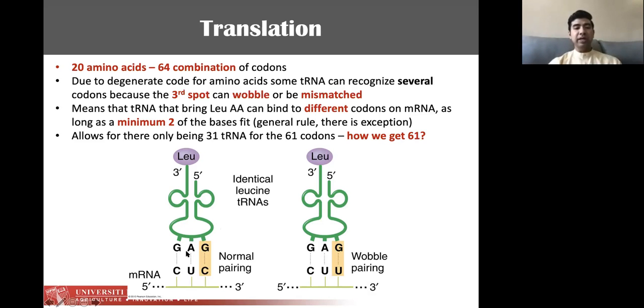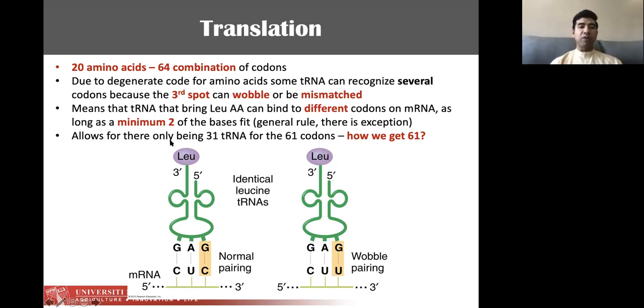For example, your mRNA is CUC, by right paired with GAG, normal pairing. However, suddenly your mRNA is CUU, but the one that carries the leucine is still GAG. GC matches, AU matches, and the third one is a wobble. It doesn't require very specific binding. 2 out of 3 can allow this leucine to bind to the mRNA, right?